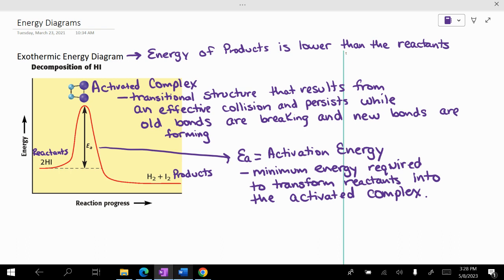So you should be able to draw an exothermic energy diagram. It should make sense that the energy of the products is lower than the reactants, because if it's exothermic, energy is released. We can also draw an endothermic energy diagram, and so we'll do that next, and we'll label it.